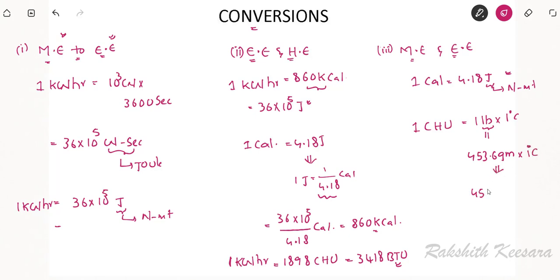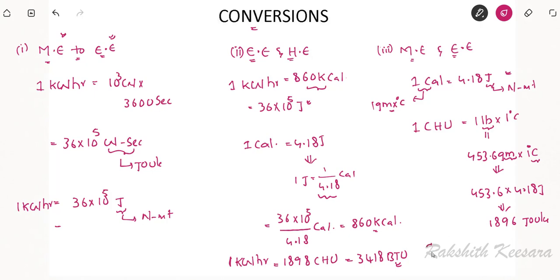This is equal to 453.6 into, here gram degree Celsius is nothing but 4.18 joules. That is, calorie is equal to gram into degree Celsius. So I can write this as 4.18 joules. From this it will be equal to 1896 joules.